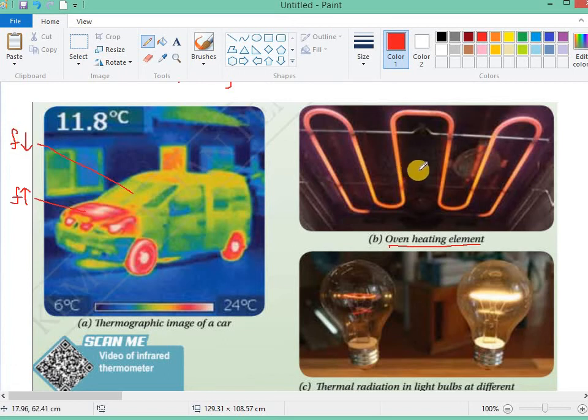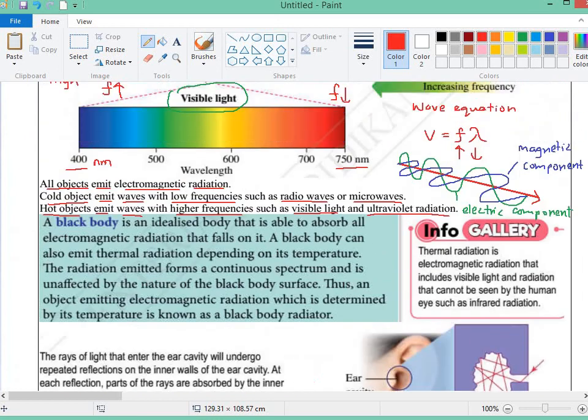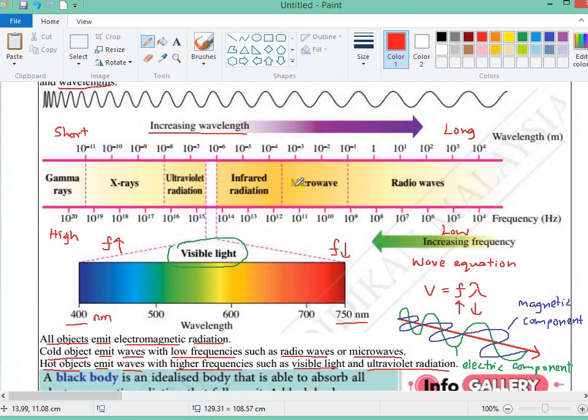Understand? For example, this car, the electromagnetic wave that is produced by this car, actually we cannot see. We cannot see it because the car temperature is not high enough to produce electromagnetic wave with frequency inside the visible light.